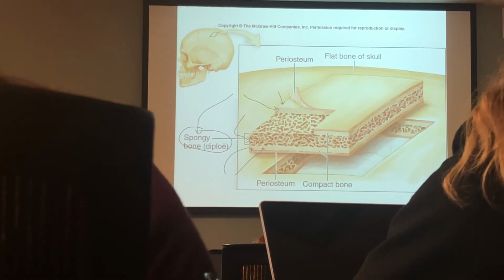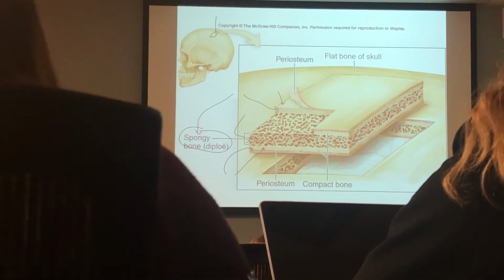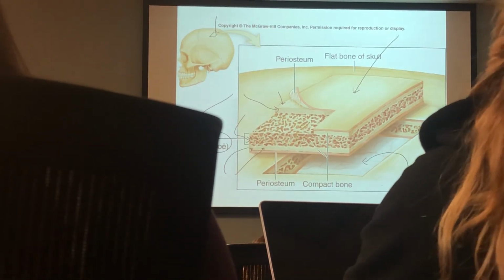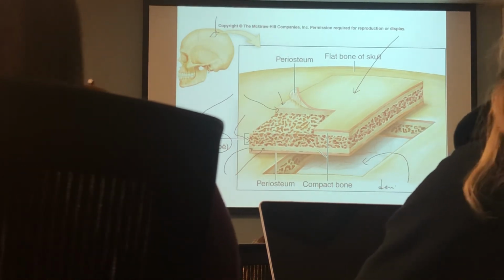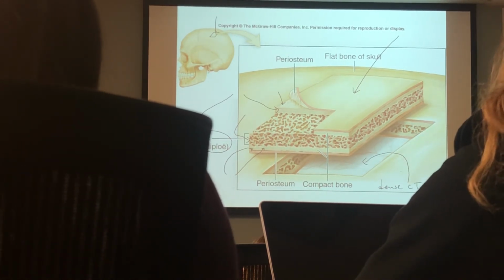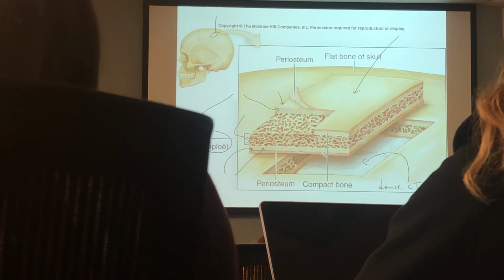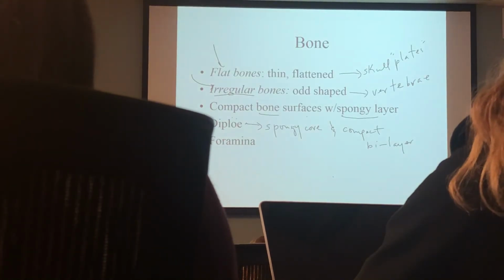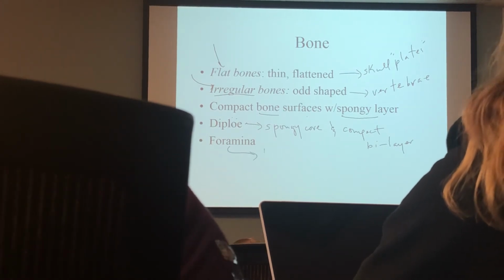An example of that would be your skull. If you remove that piece right here, folks, we've exposed what? Dense connective tissue, part of your meninges, all right? And deep to that would be your brain. Foramina, these are little what?